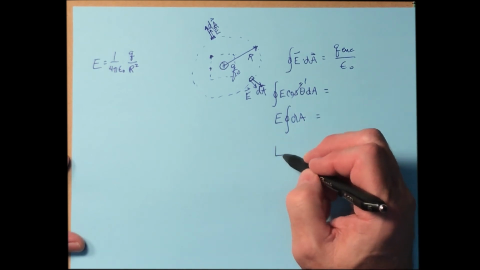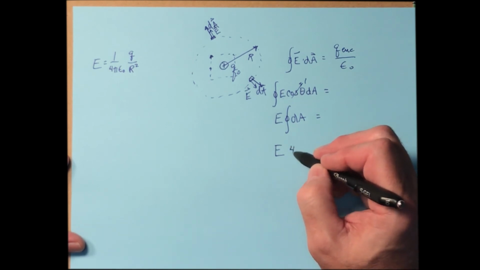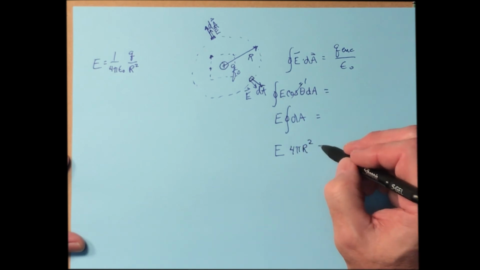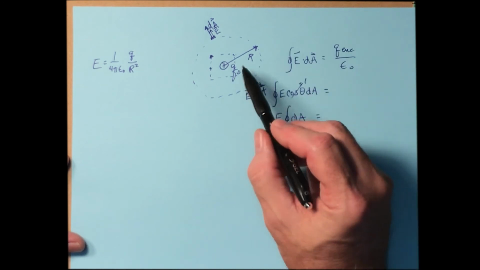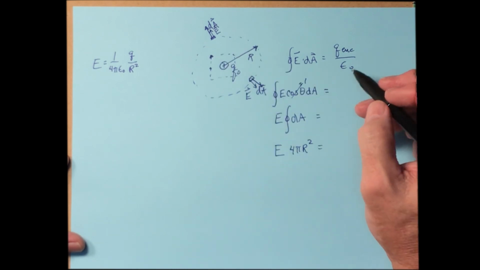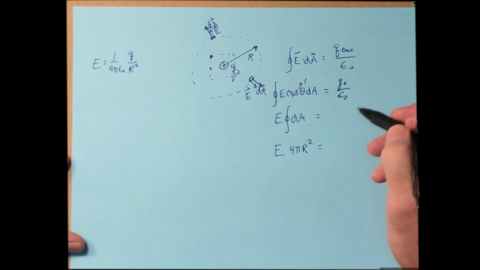So the surface area of this Gaussian surface, since this is a sphere, is going to be 4 pi r squared. And that's equal to, all right, we haven't talked about the right-hand side here, how much charge is enclosed. Well, I called this Q naught, so the total charge enclosed in my Gaussian surface is just Q naught. So this is Q naught over epsilon naught.